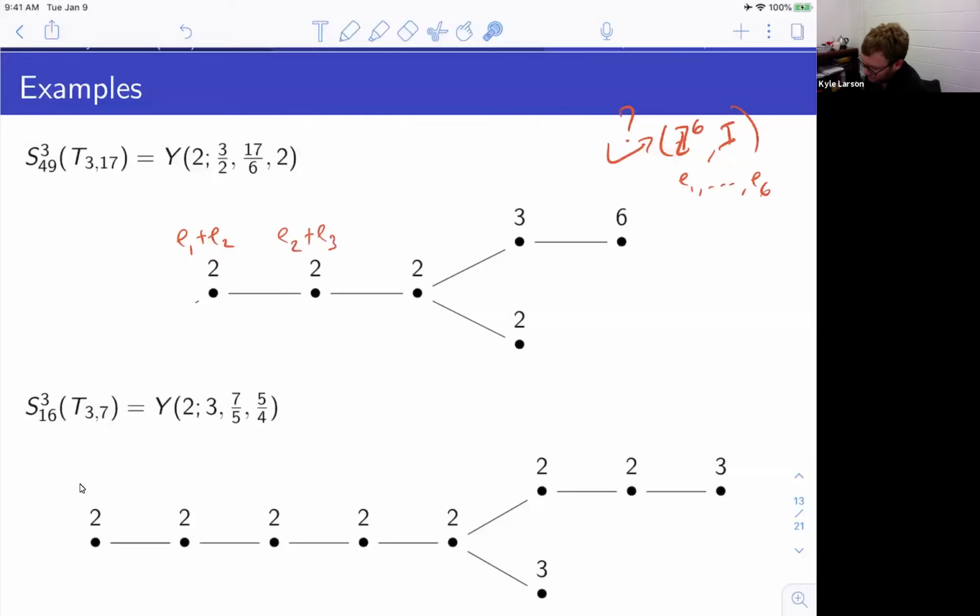Kyle: Just to check, suppose I stop there. Suppose I just had the plumbing graph with two 2s and an edge between them. Then this is showing me that I couldn't do that, because I'd have to have e1 plus e2, and then e2 plus e3, but I don't have an e3.